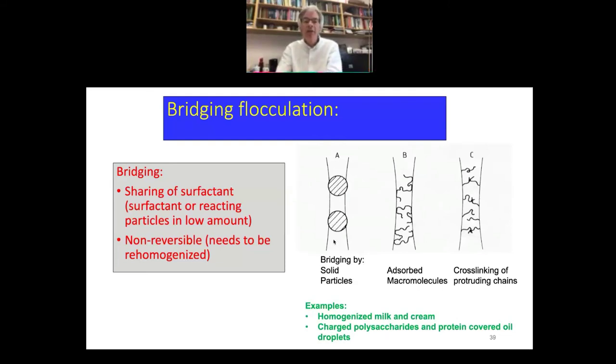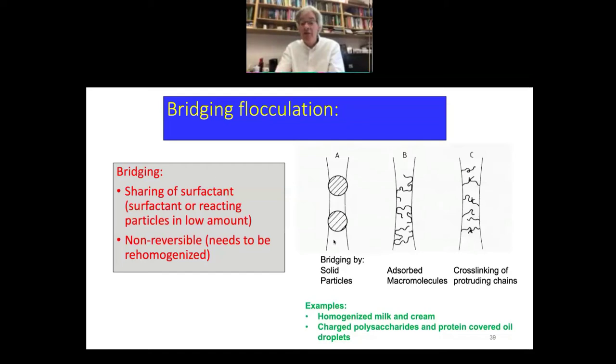With bridging flocculation, we get a sharing of the surfactant layer. This is not going to happen with a monoglyceride, but it may very well happen with a protein or a solid particle, in which case the particle is large enough that it can adsorb to more than one droplet at the same time.